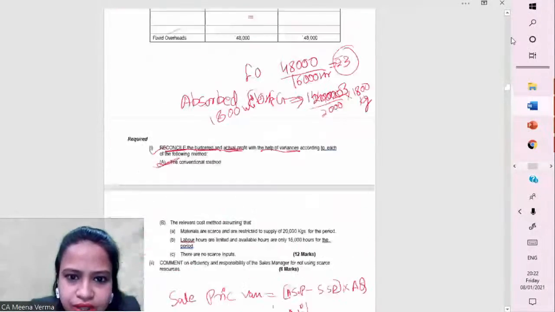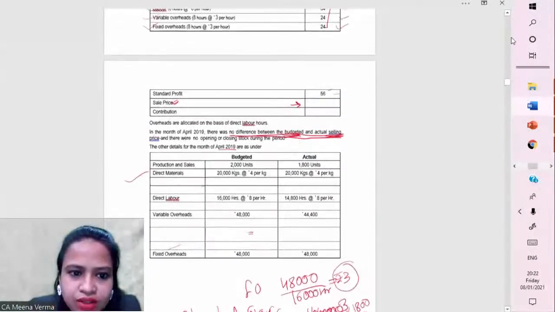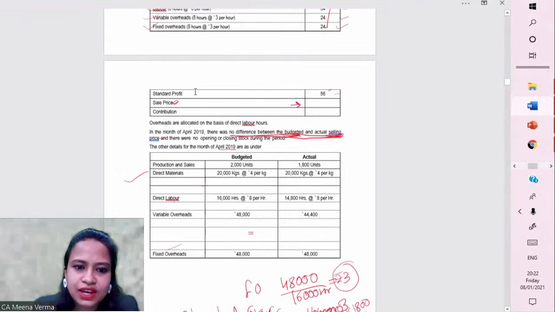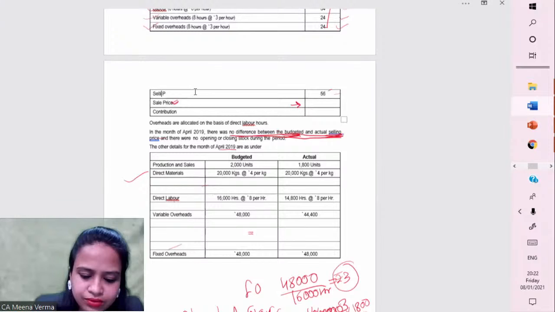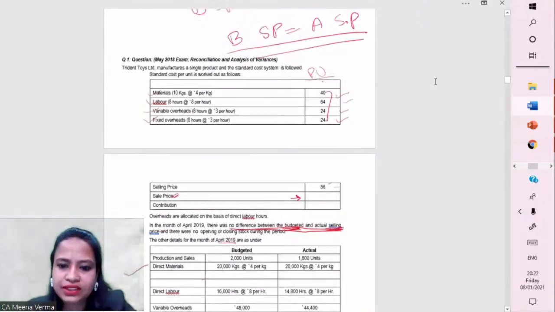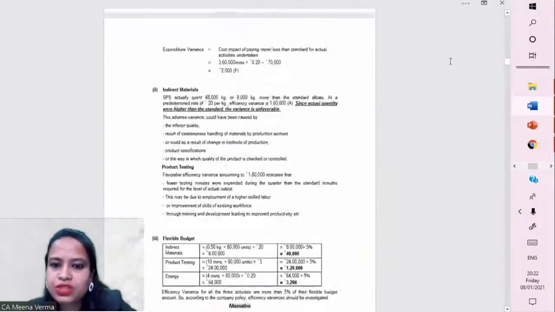Yeah, this question. I think this is your selling price, not standard profit. Let me check this value. Okay. Do this question.